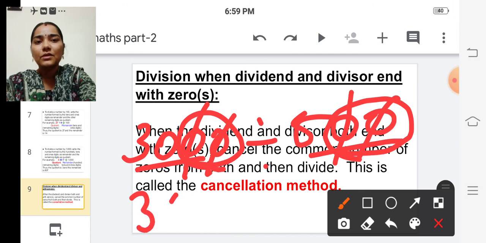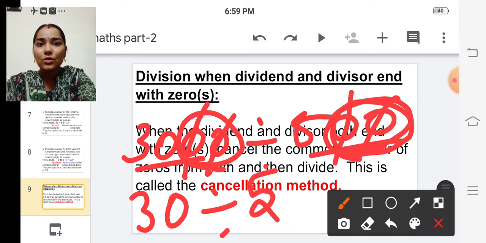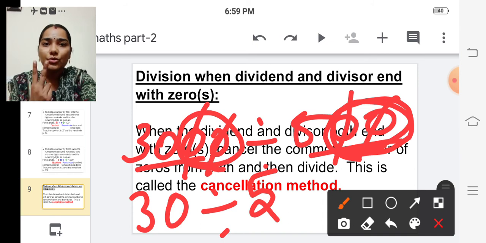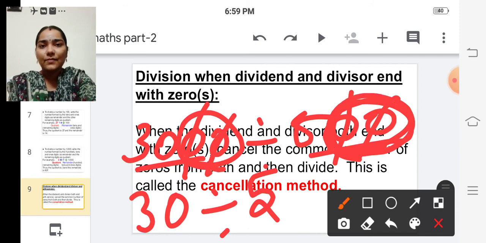So the problem becomes 30 divided by 5, and after dividing we have to add the zeros back. How many zeros have we cancelled? 2 zeros, isn't it? So after dividing we have to add these zeros to the quotient, the same number of zeros we have cancelled.